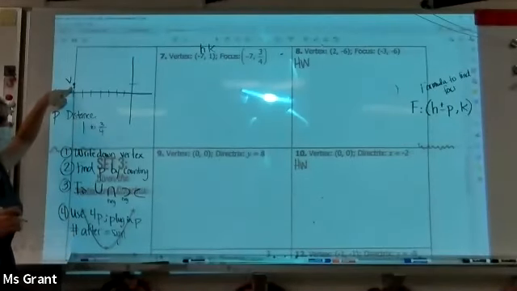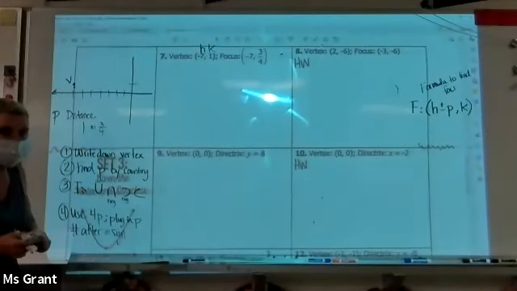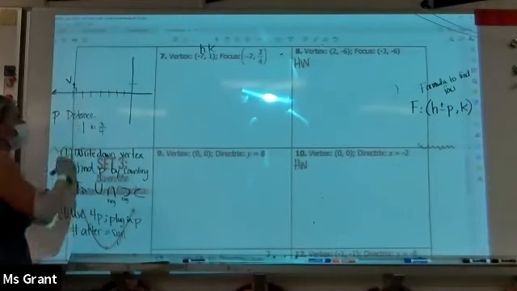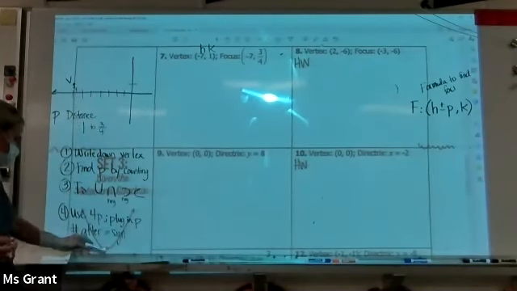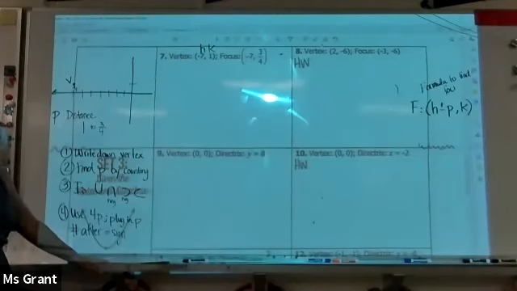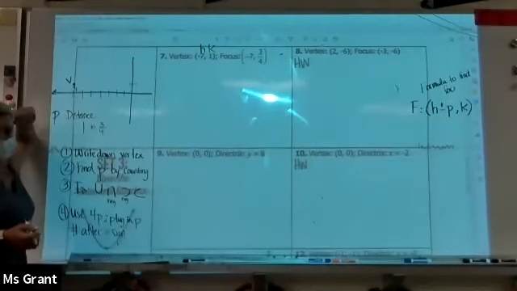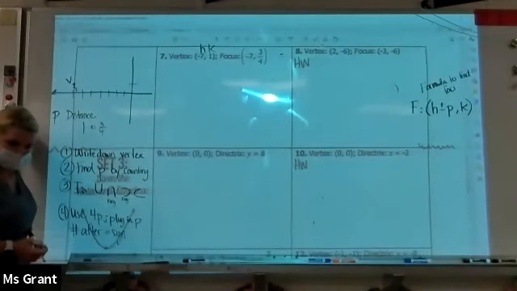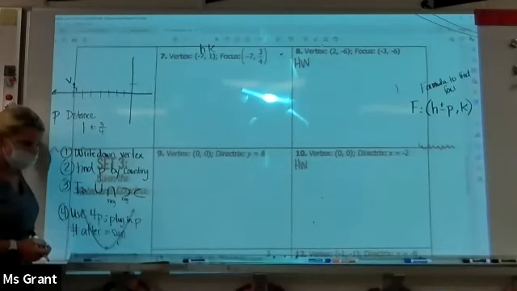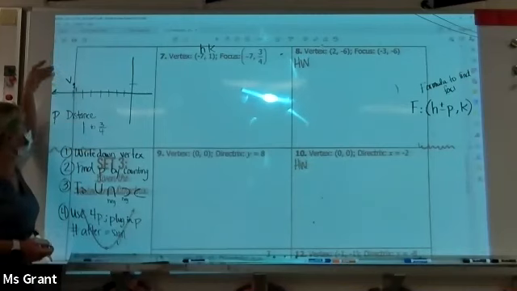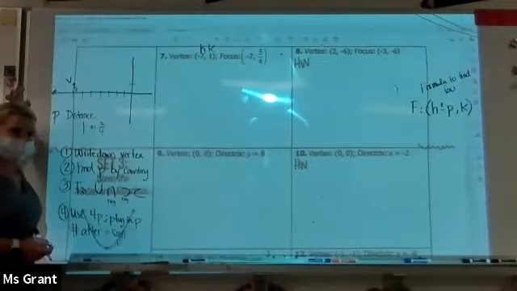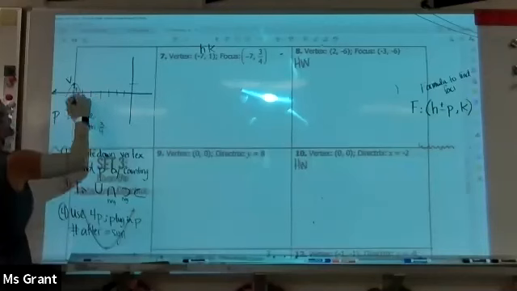Now, if the focus is inside the curve and the focus is below my vertex, how is this going to open? Someone on Zoom. Up, down, left, right. On Zoom, how is my parabola going to open? Downward, thank you, because the focus is inside the curve.